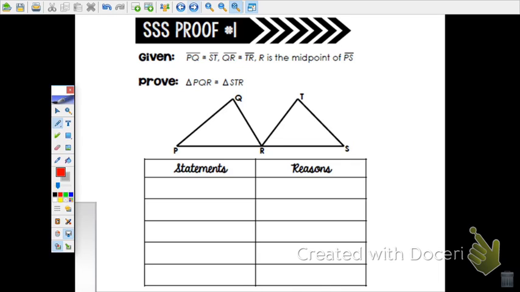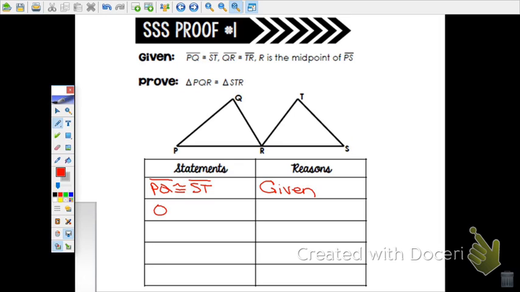So I know that PQ is congruent to ST. And let's see, in your book, do they list those all separately? Yes. Okay. So I wrote that down wrong. PQ is congruent to ST. That is given.